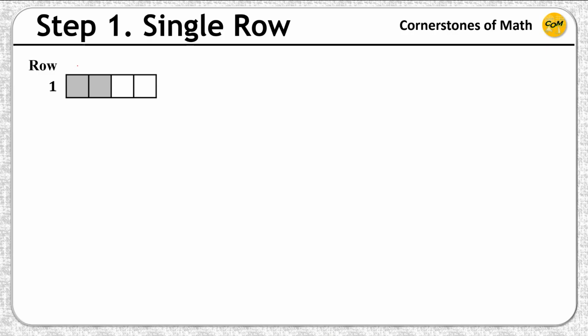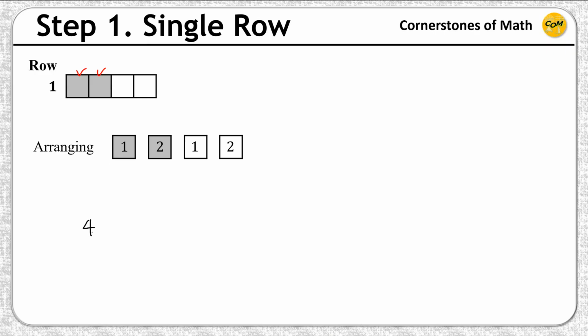How many ways are there to color 2 squares out of these 4? This process is the same as arranging 2 colored squares and 2 uncolored squares, and we can find a number of cases like this. First, we consider them as 4 different elements and arrange them linearly, which gives us 4 factorial ways.